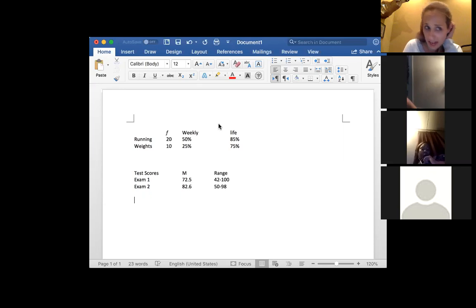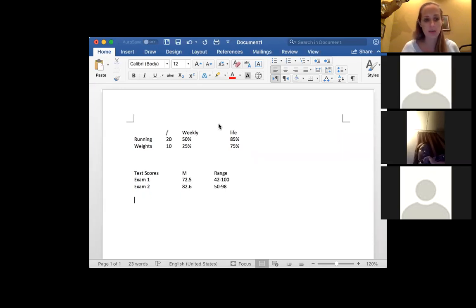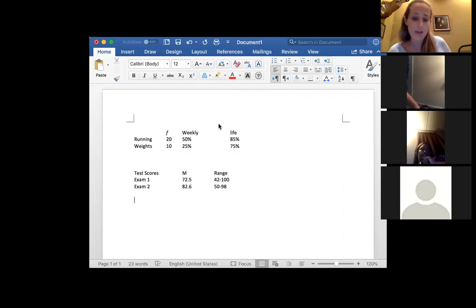Okay. So your range is, simply put, the highest number to the lowest. If I report the range of your exam, it tells you this was the highest grade on the exam and this was the lowest grade. It doesn't tell you if 15 people made 100 on exam 1, or if one person did.